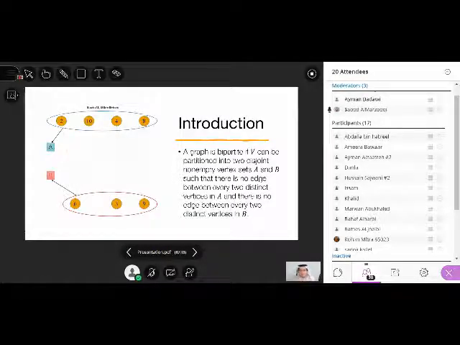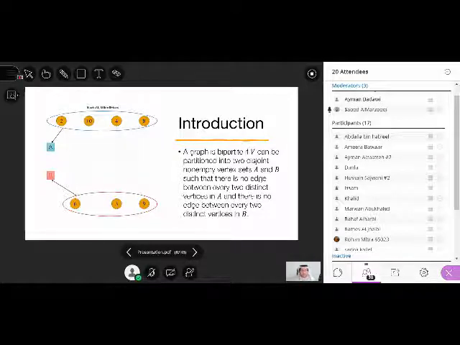So now let's go to the concept of bipartite graph. Strictly speaking, a graph is bipartite if V, the set of vertices, can be partitioned into two disjoint non-empty vertex sets A and B, such that there is no edge between any two distinct vertices in A, and there is no edge between any two distinct vertices in B. That's the strict definition, but in street language, as Professor Ego calls it, this is an example of a bipartite graph where you have two sets of vertices as highlighted, A and B. Every vertex in A cannot be connected to any other vertex in A. So all vertices in A are disconnected from each other.